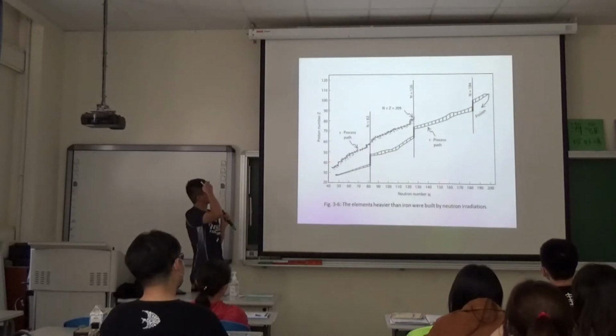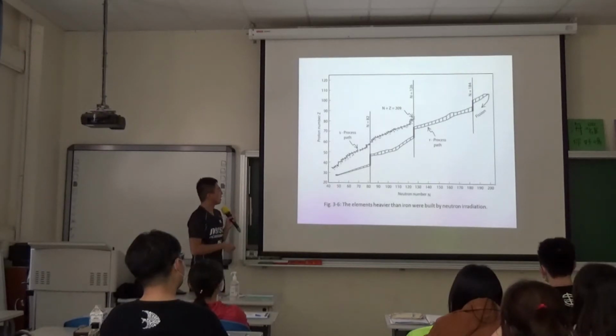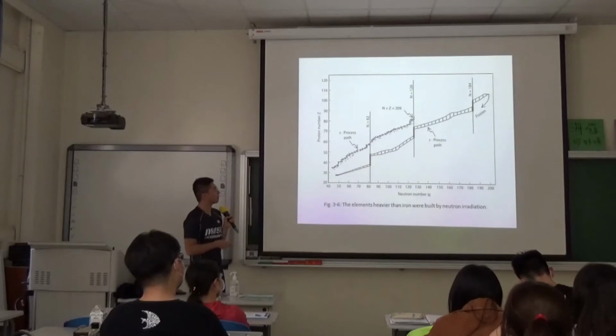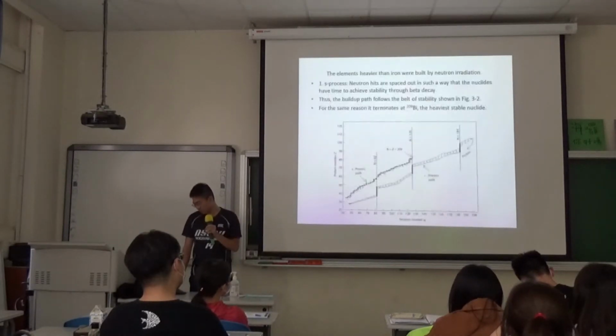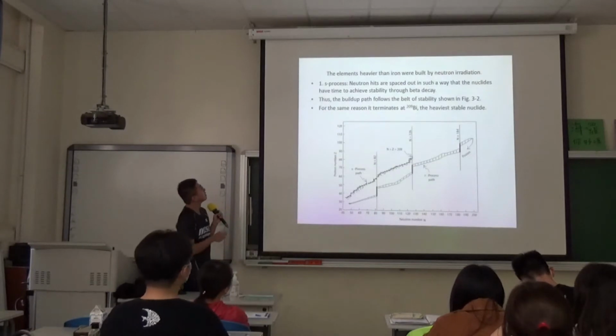The picture we looked at last week: the elements heavier than iron are built by neutron irradiation. Right. And first we talk about the s process.